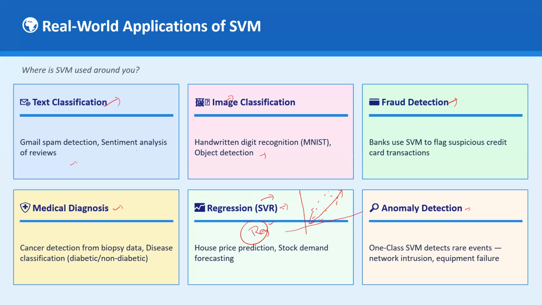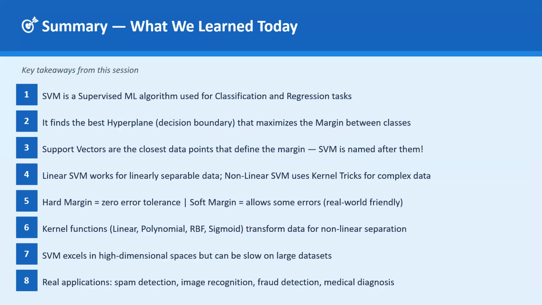Okay. And coming to this, what exactly we are learning is what is meant by support vector machine and how it finds the hyperplane, and the support vectors, which are the closest data points defining the margin, and the linear support vector machine linearly separating the data.